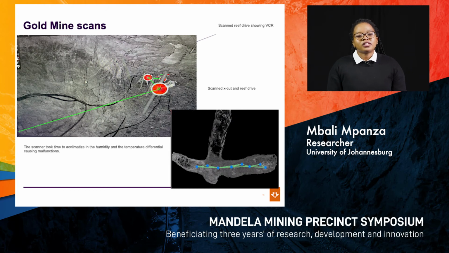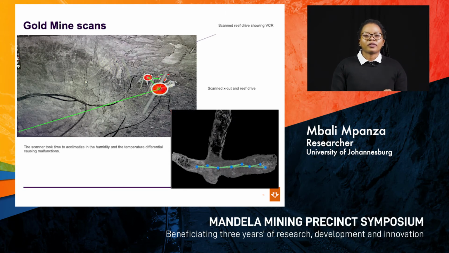So now this slide shows you the scans. This is the results, the images from our LIDAR scan. On the top image, the dark area is the reef band. That's actually the Ventersdorp contact reef. So that's what was picked up by the scanner.